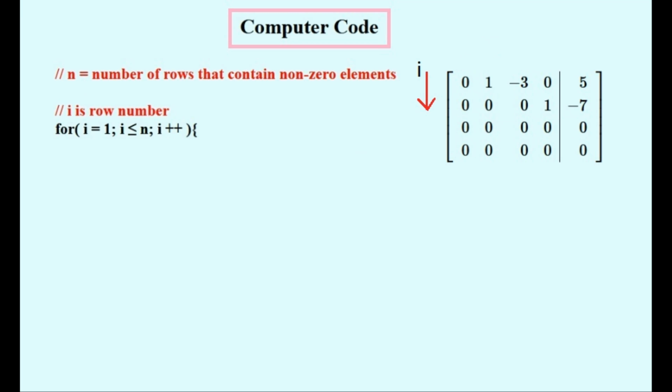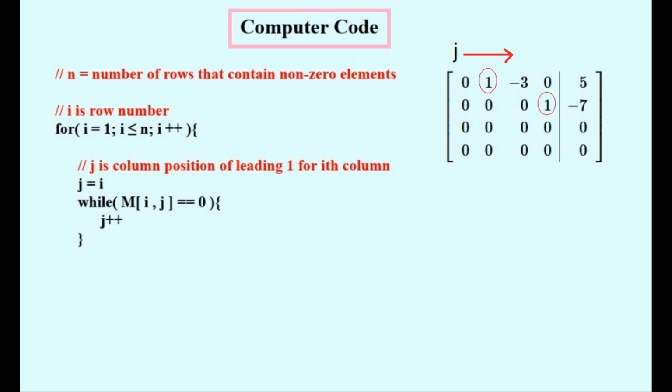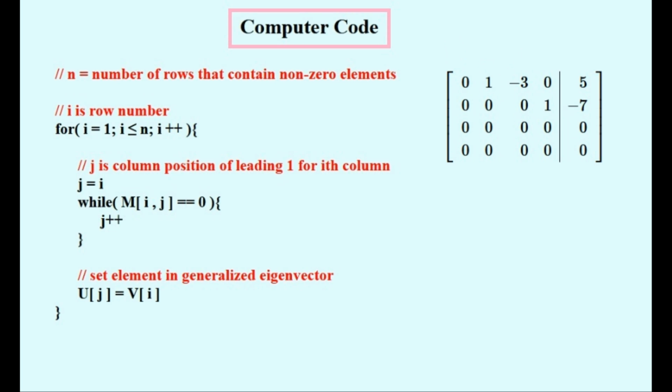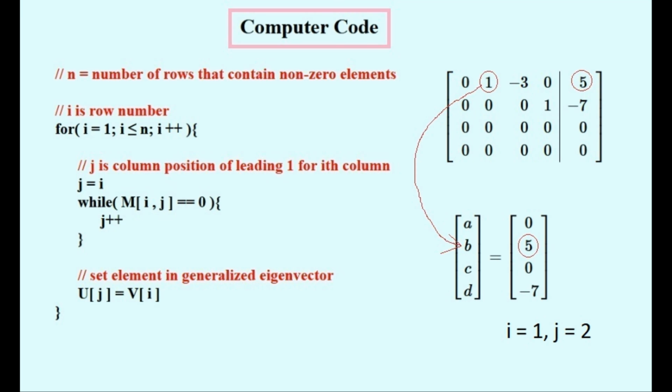So the first thing to do is to create a loop that steps through all of these non-zero rows, and i is the variable that points to each row in this loop. Then j is equal to the column position of the leading one of this particular row. So the jth element of the generalized eigenvector u is equal to the ith element of the eigenvector v. We can see that in the first row i is equal to 1, and the column position of its leading one is 2.